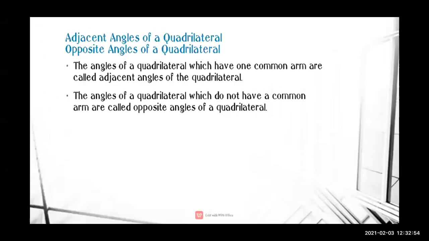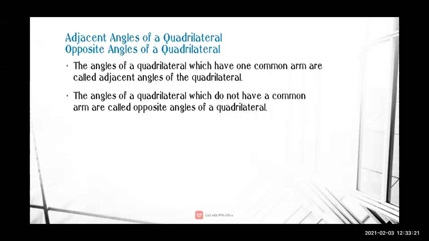Now next we are going to learn about the adjacent angle of a quadrilateral and the opposite angle of a quadrilateral. Adjacent angles of a quadrilateral are angles which have one common arm. One common arm means one common side.